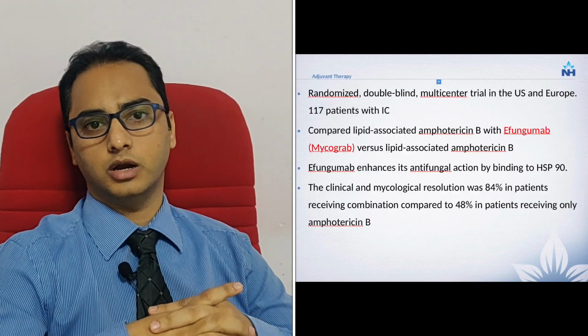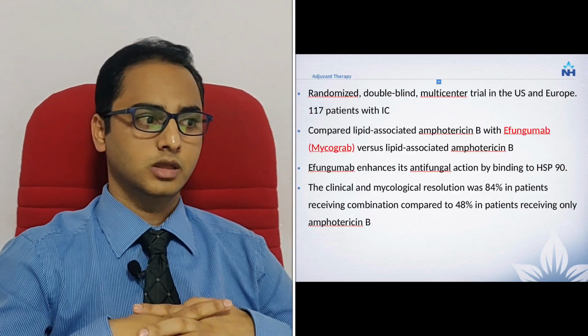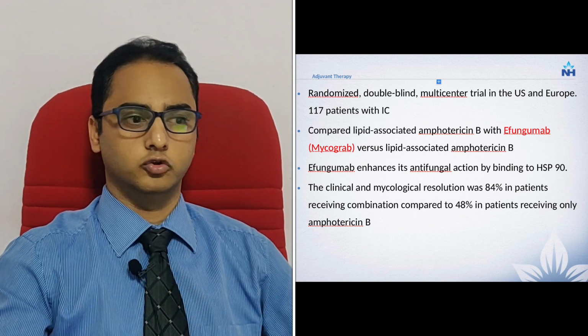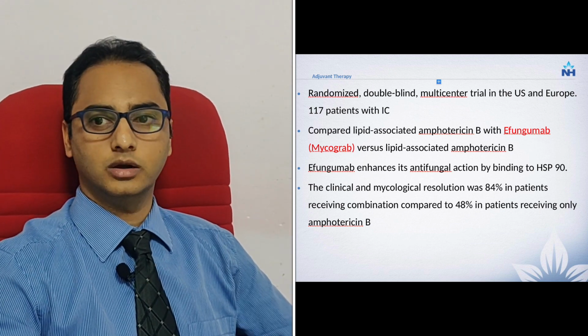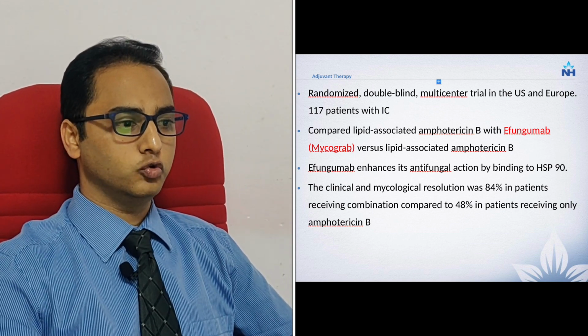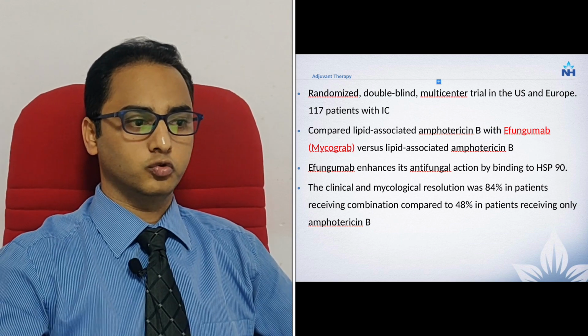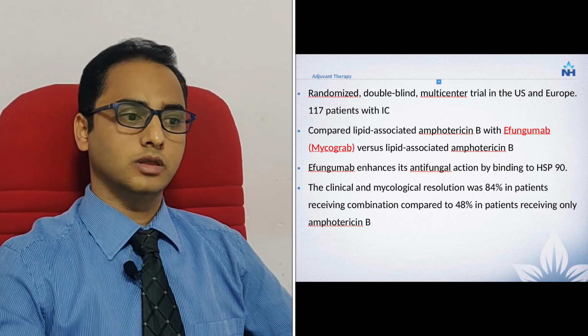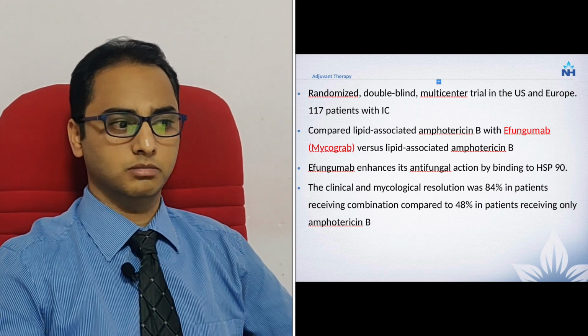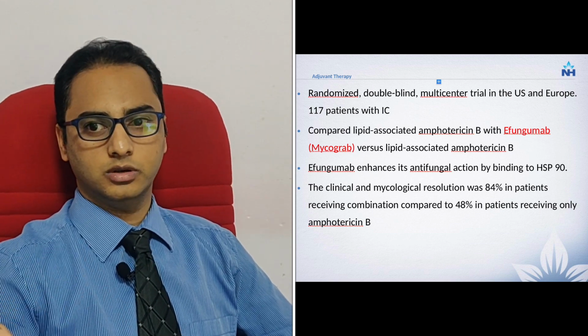So can we use some adjuvant therapy for invasive candidiasis? There was a randomized double-blind multicenter trial conducted in the US and Europe. Near about 120 patients with invasive candidiasis were included. They used lipid-associated amphotericin B with efungumab, a monoclonal antibody, versus amphotericin B alone.